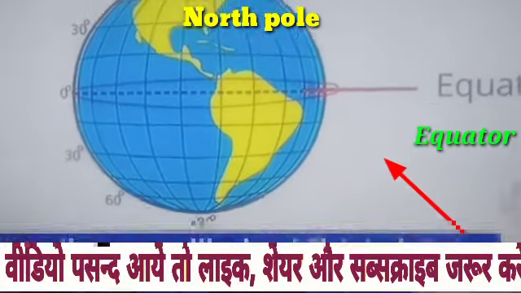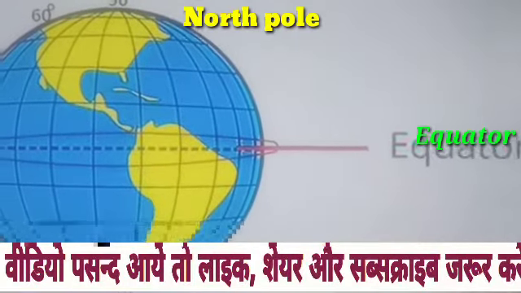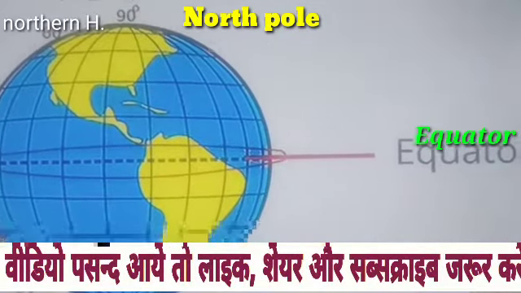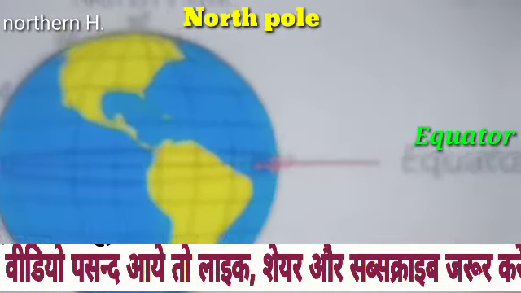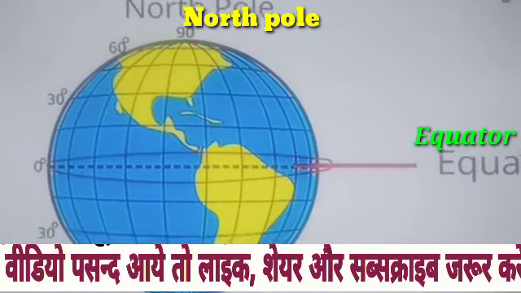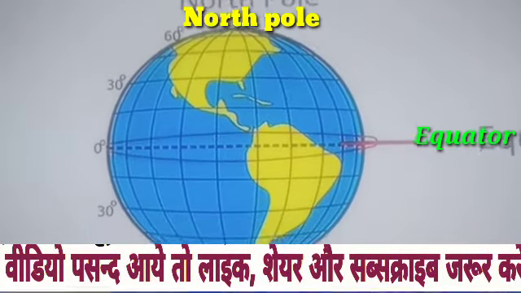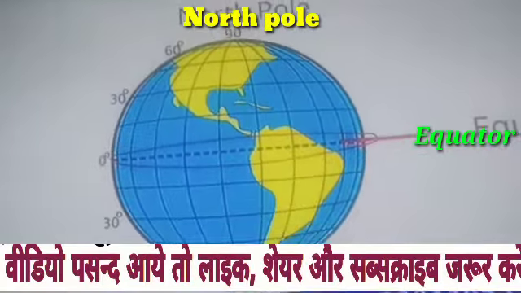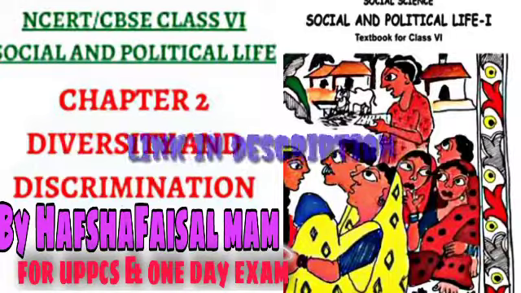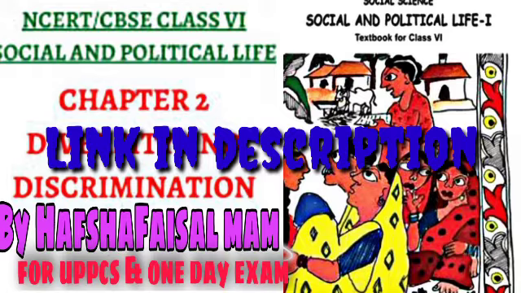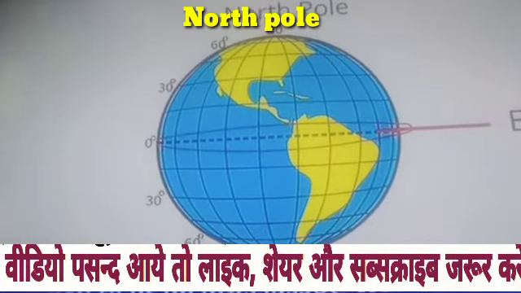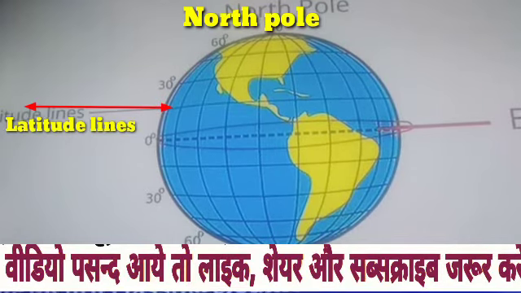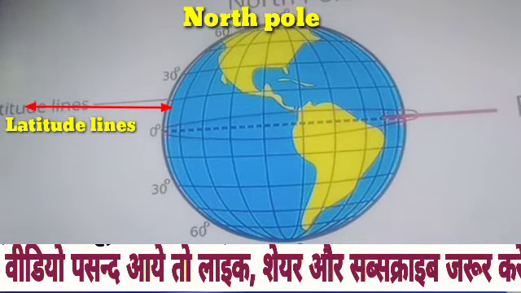The northern half of the earth is known as the northern hemisphere and the southern half is known as the southern hemisphere. Thus, the equator is an imaginary circular line that divides the globe into 2 equal halves and is a very important reference point to locate places on the earth.